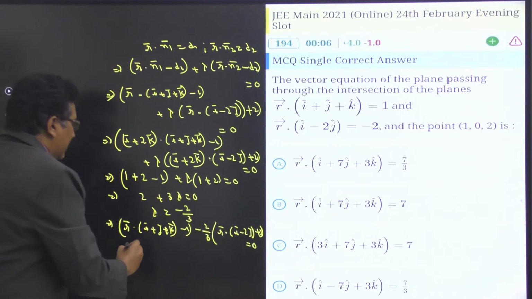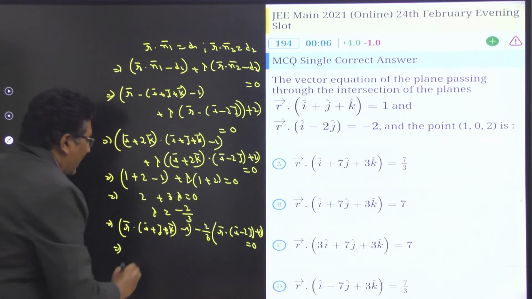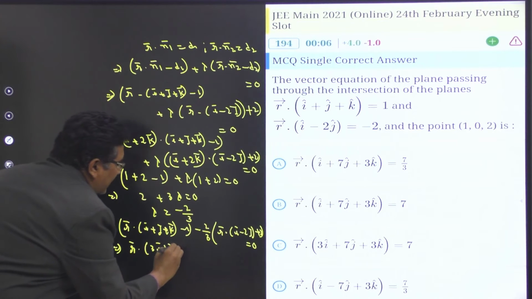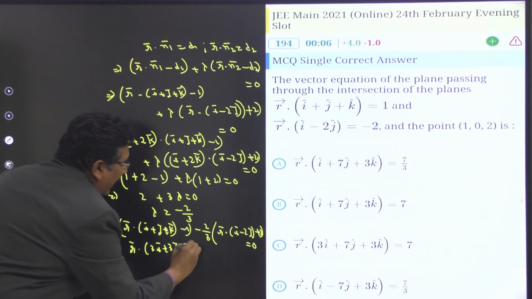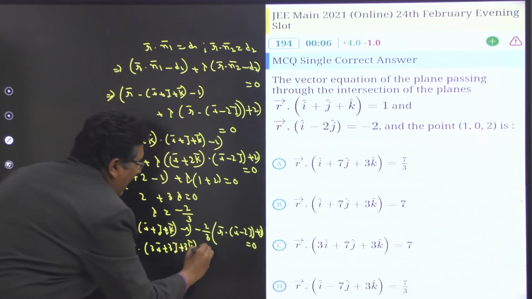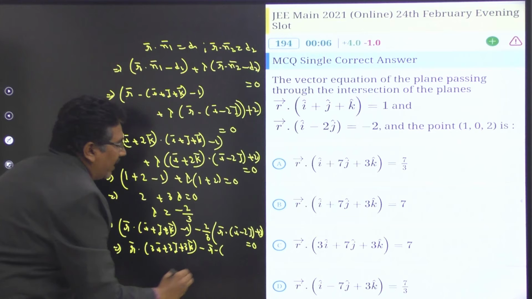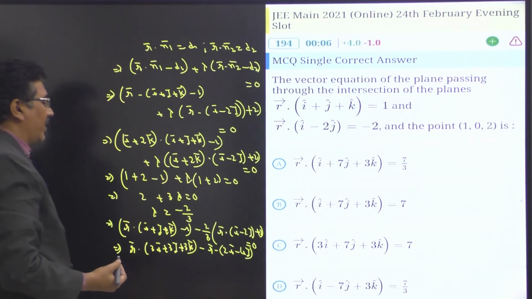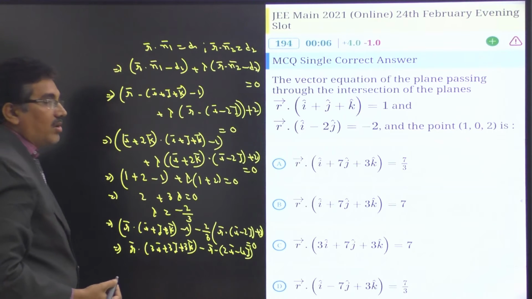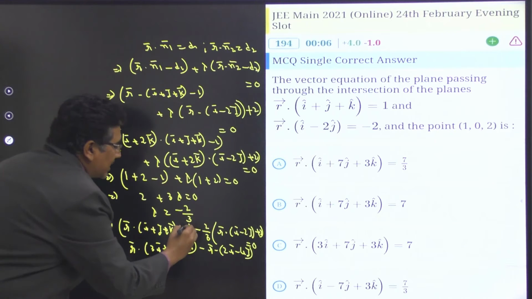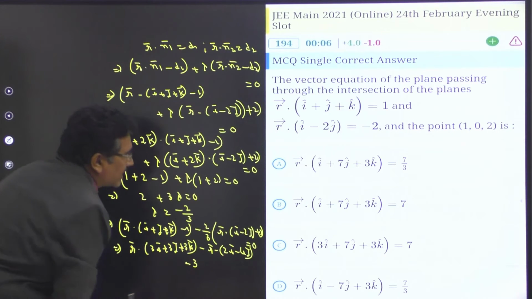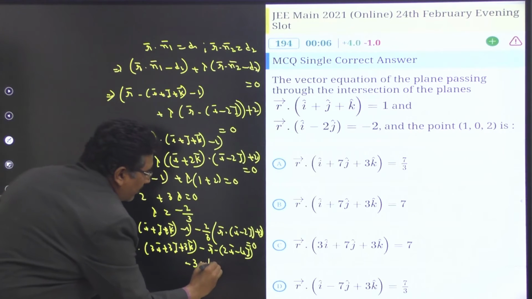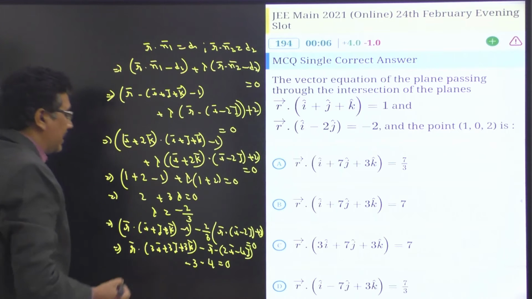Now multiplying this, R bar dot 3I bar plus 3j bar plus 3k bar minus R bar dot 2I bar minus 4j bar. Now what will be the constant term? The constant term is minus 1 into 3, minus 3. Now here minus 2 into plus 2, that is minus 4, is equal to 0.